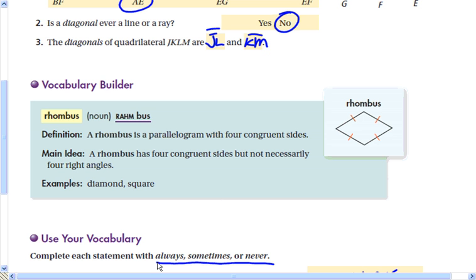Try and decide whether the statement is always, sometimes, or never. Pause right now if you want to do that.